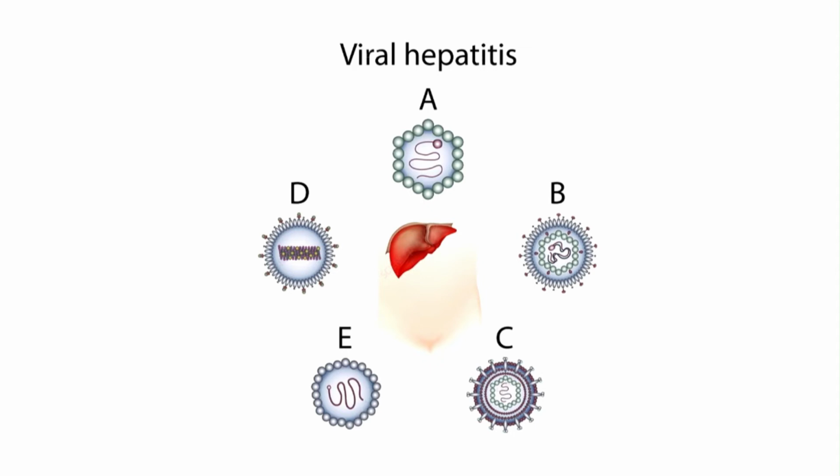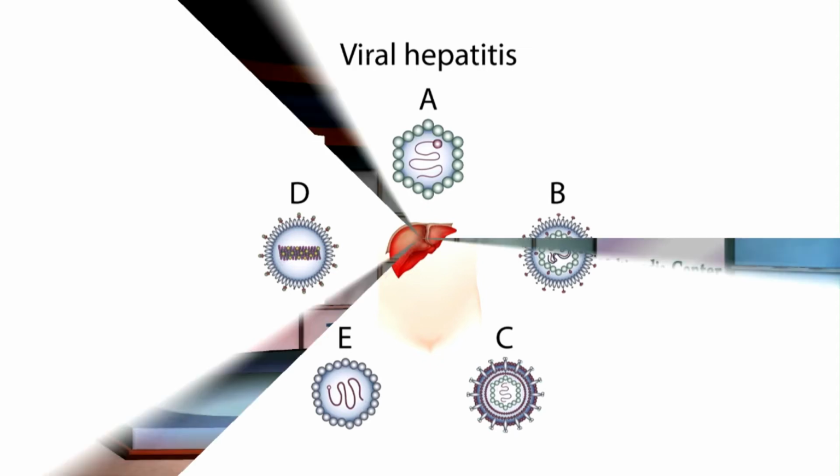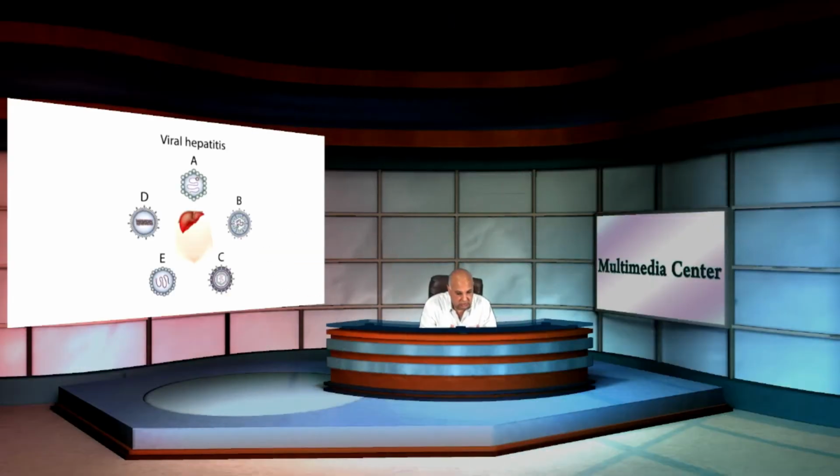But they are also different in the route of transmission. For example, hepatitis type A can be transmitted by the oral-fecal route through the contamination of stool. And type B, which is also called serum hepatitis, can be transmitted through the blood and blood products.